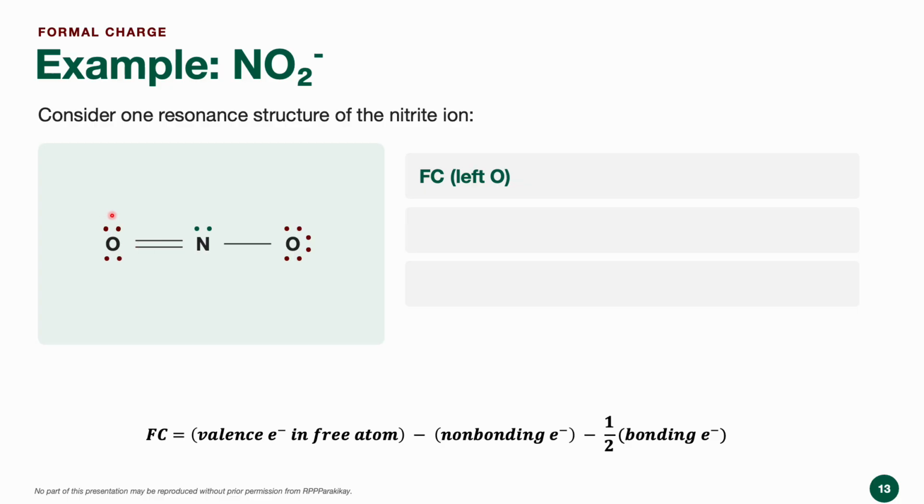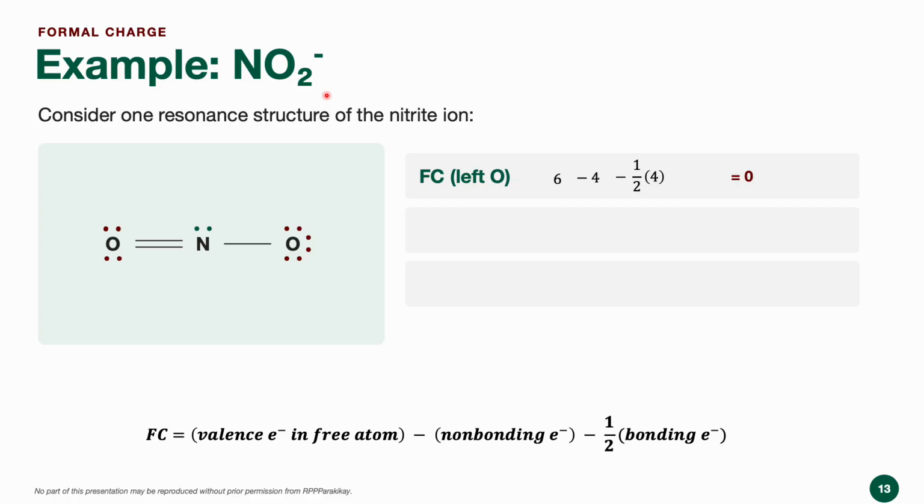For the double bonded oxygen, oxygen is group 16, so we have 6 valence electrons as a free atom, minus non-bonding electrons. We have 4 non-bonding electrons since you have two lone pairs on this oxygen atom, minus 1/2 of its 4 bonding electrons, since for each bond you have 2 electrons. So calculating the formal charge, 6 minus 4 minus 1/2 times 4, that's equal to 0.